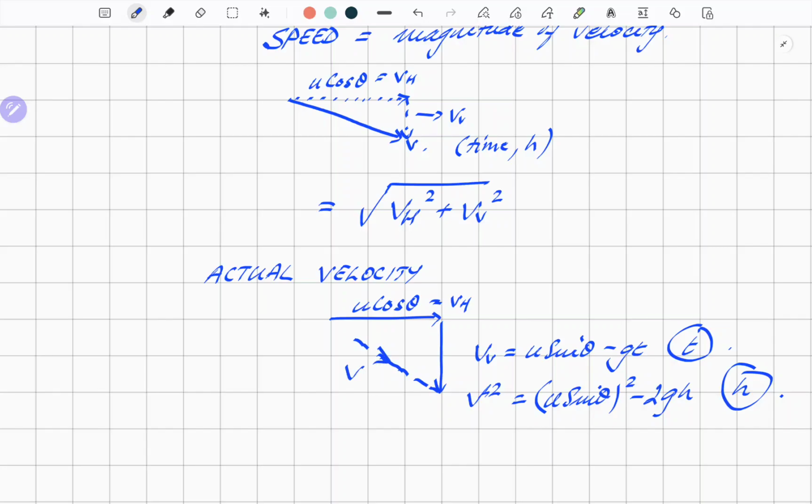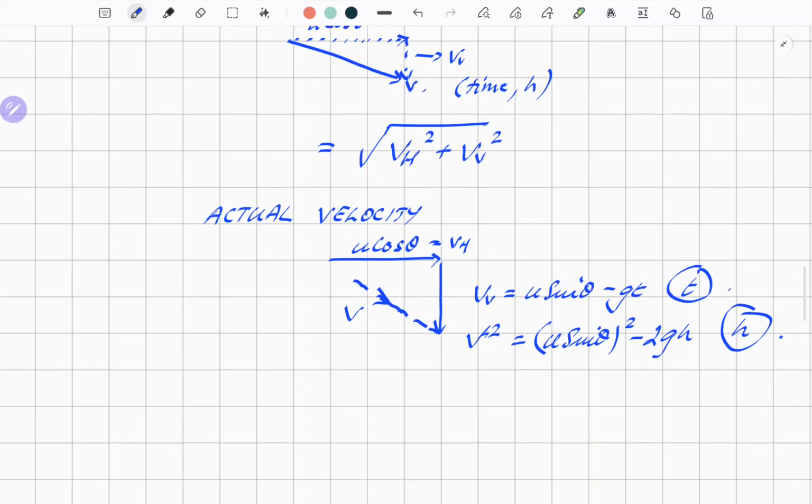As we've shown just a couple of minutes ago when we talked about speed, but this time you need one extra bit of information. You need the angle, call it X or alpha, whatever you prefer. It's the angle compared to the horizontal that it's traveling at.